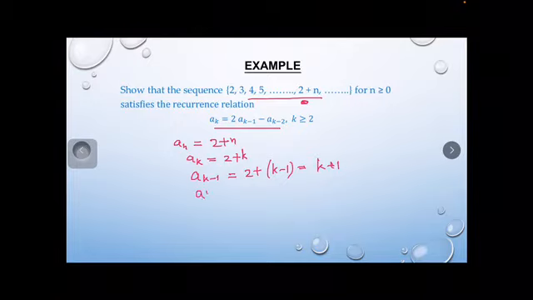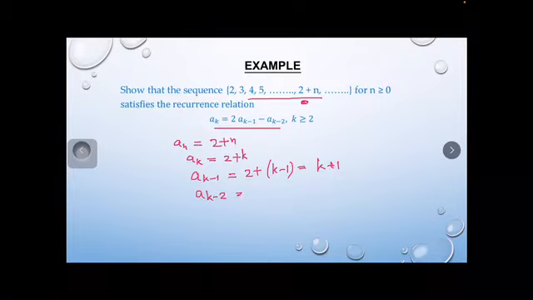Now, because ak is equal to 2 plus k, and the given relation is ak equal to 2ak minus 1 minus ak minus 2, what will be ak minus 2?